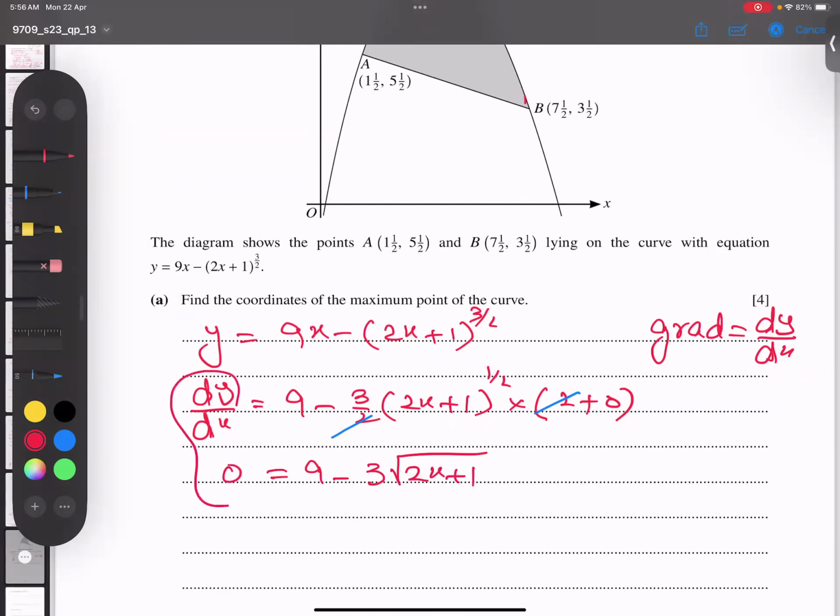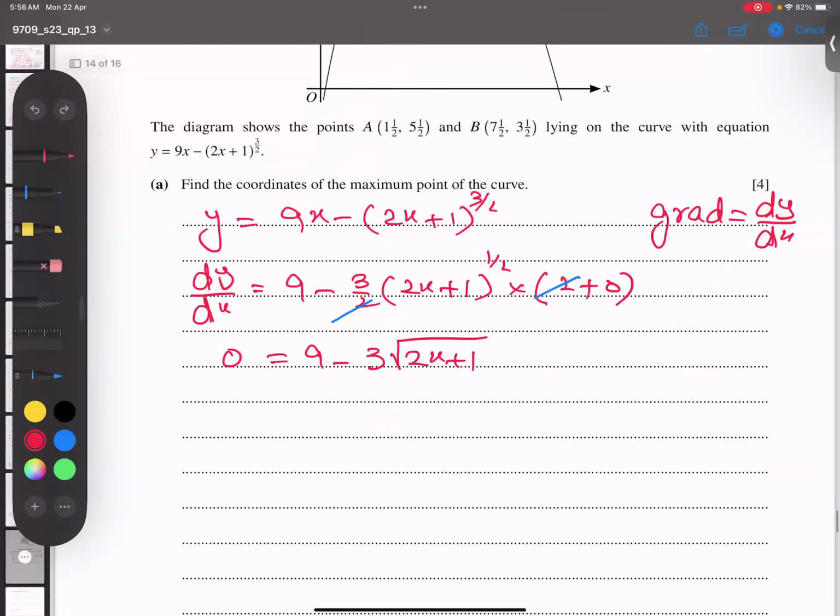And now I'm setting the derivative equal to 0. Okay, now I'm moving this whole thing to the left-hand side to make the sign positive. So this 3 multiplying will divide.